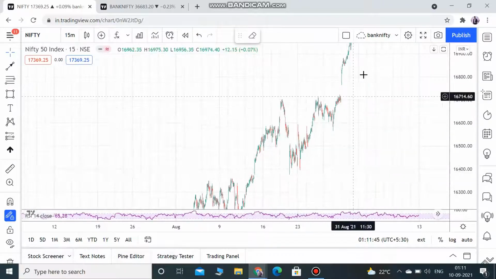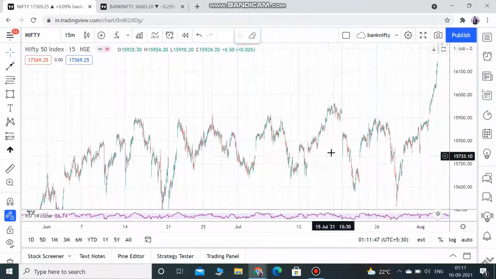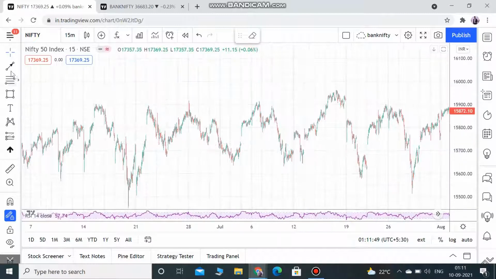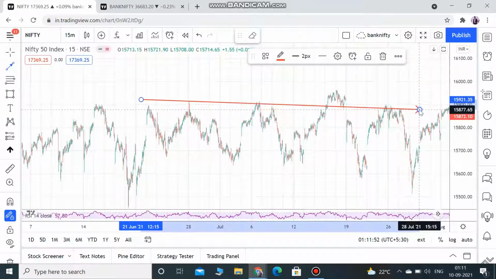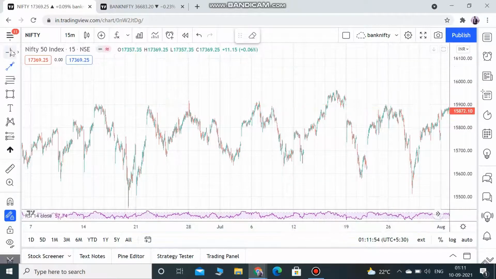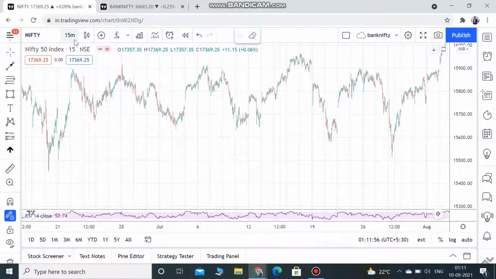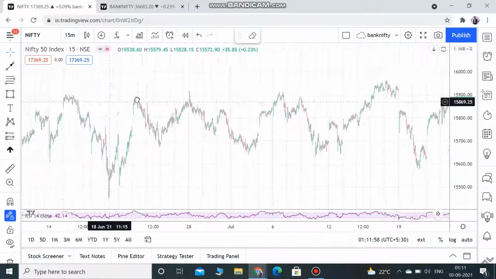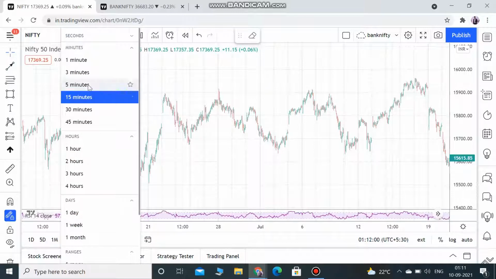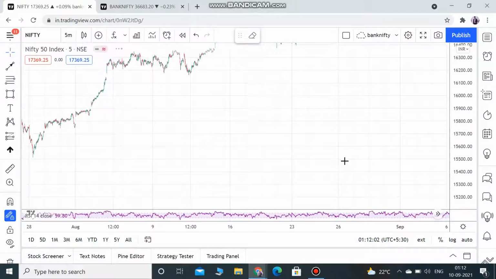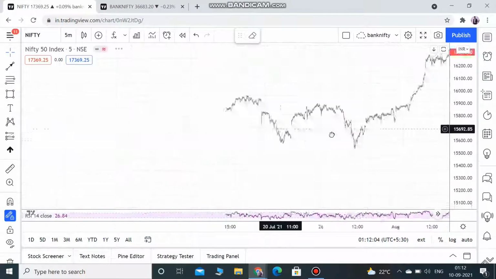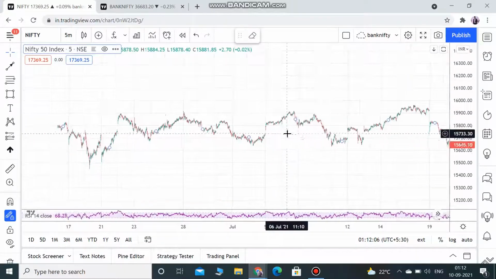I think this would be very easier than this fluctuating market. So everyone would want to know, how do I trade in this kind of market? Let me go on the 5 minute candle for an intraday, where you can have a proper look here.